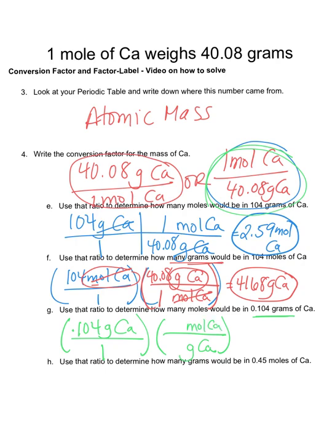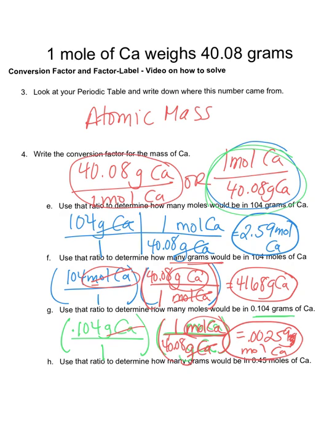Again, this is my moles of Ca, grams of Ca, and this is my given from this ratio up here. So this would be 1, and this would be 40.08. Here, I'm going to multiply 0.104 times 1, and divide by 40.08, and I get 0.00259 grams. I'm sorry, not grams. Grams cancels out. Moles of Ca.